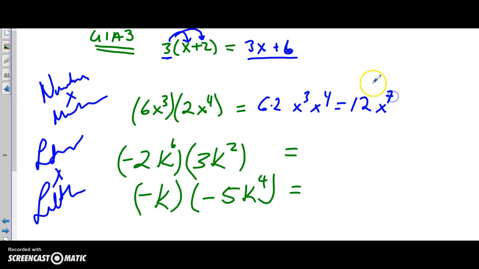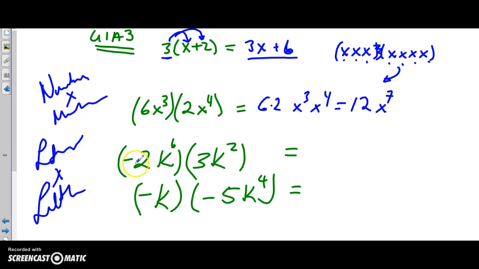So multiplying is adding. Why is that true? x cubed is this, x to the fourth is this. Remove these brackets, and then you have x times x times x times x times x times x times x, x to the 7. So multiply the numbers by each other, then multiply the letters by each other, and use the proper exponent rules to help you out.